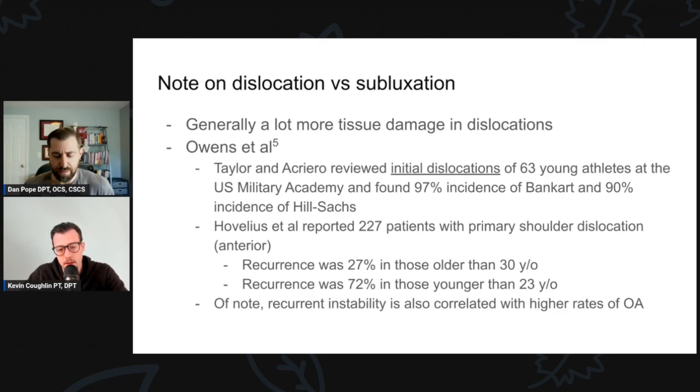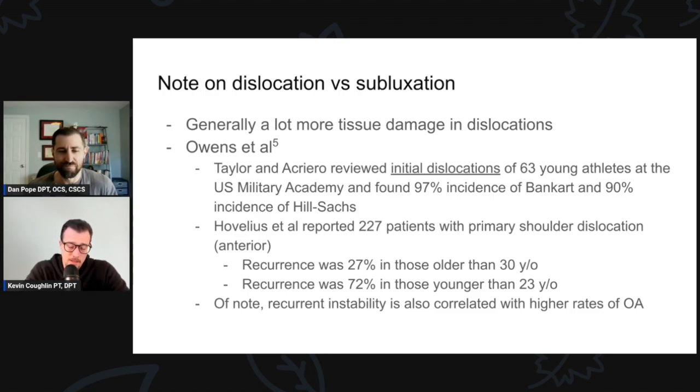But if you're over the age of 30, only 27% had another recurrence of a dislocation. But if you're 23 or younger, so one of these younger folks, you had a 72% recurrence rate. So those statistics are pretty wild. It's like if you're 35 years old and you have a dislocation, I mean, there could be a significant amount of trauma. You'd want to get that repaired probably, depending on the amount of anatomical damage.